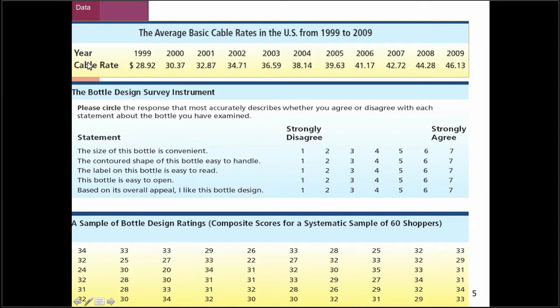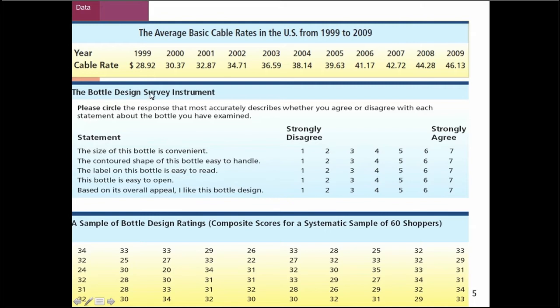We have two variables here: the year, which is a number representing the year, and the cable rates, which is the average rate for that specific year. The one we are interested in is called the response variable, and the other one is called the independent variable. We're going to see those over and over this semester.